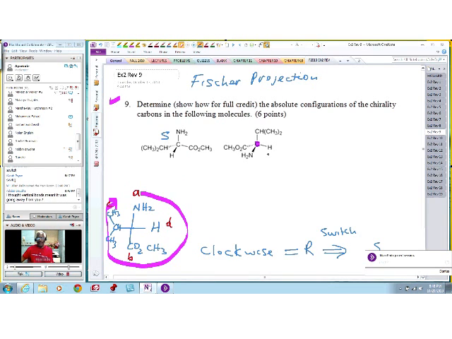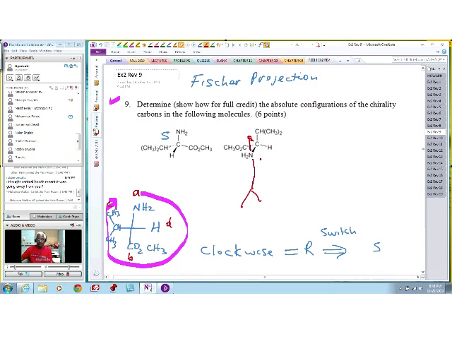Now let us do the same thing here. I am going to position myself between this group here and this group here. So imagine that I'm standing right here. This is my face looking directly at this carbon. I want to position myself.